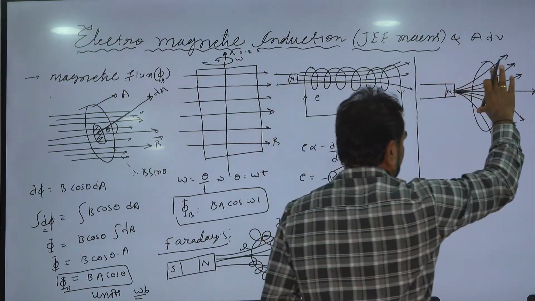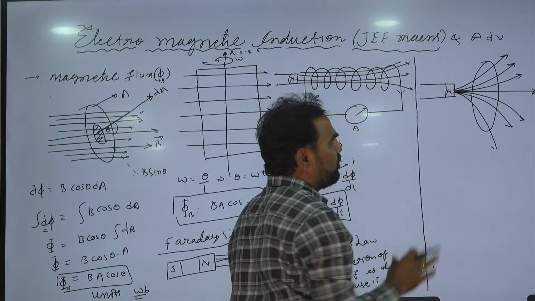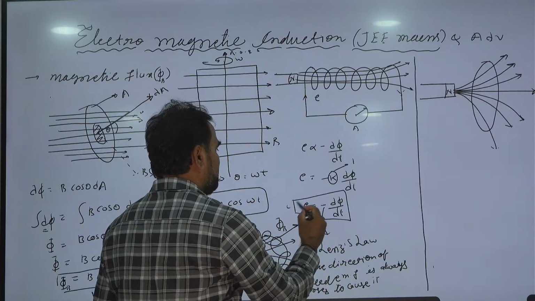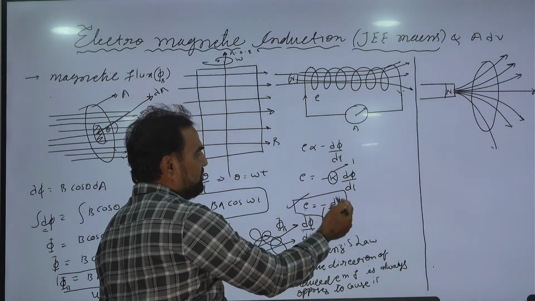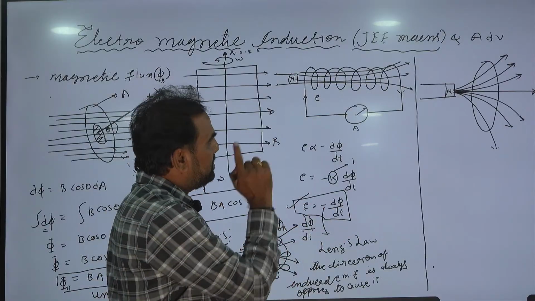When the flux across the coil changes, some induced EMF is automatically developed. How much induced EMF is developed? E is equal to minus d phi by dt. This much induced EMF is developed across the coil.